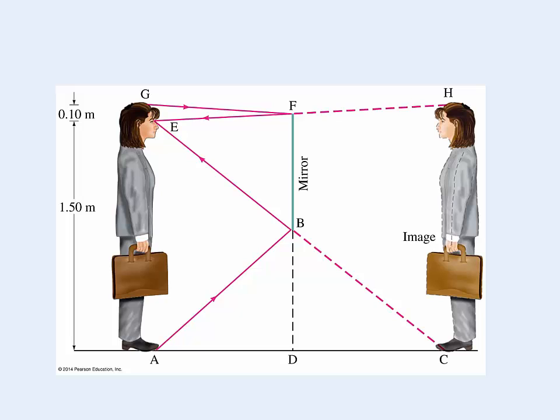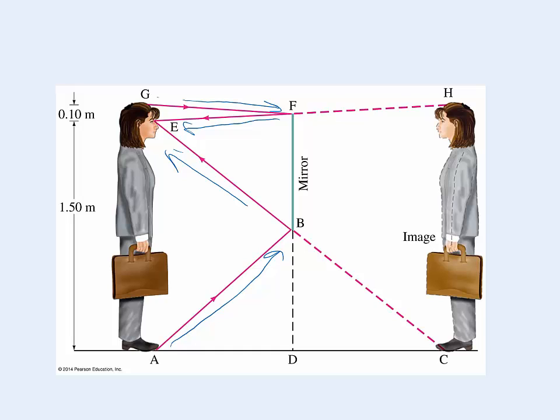So let's say that this woman is 1.6 meters tall and her eye is 0.1 meters from the top of her head. In order for her to see her whole body, the light ray from the top of her head and the one from her feet must reflect off the mirror and enter her eye. So light ray GF must reflect into her eye, as must AB reflect into her eye.